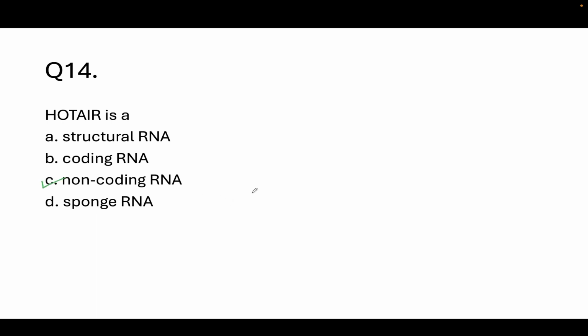Okay. So today we discussed the mechanism of the silencing process by small heterochromatic RNA, which helps in transcriptional regulation, translational regulation, and also protein function modulation.